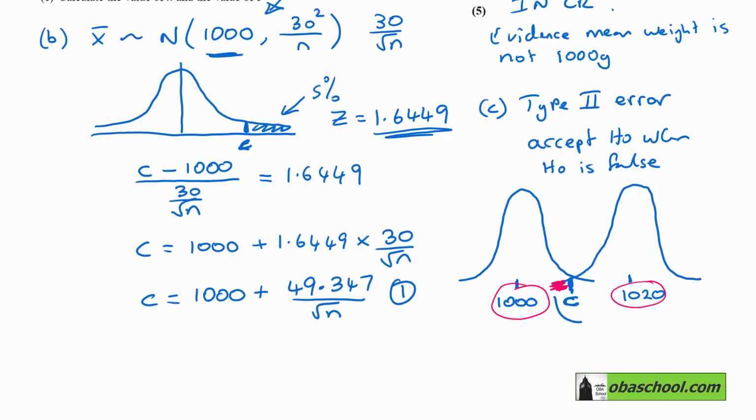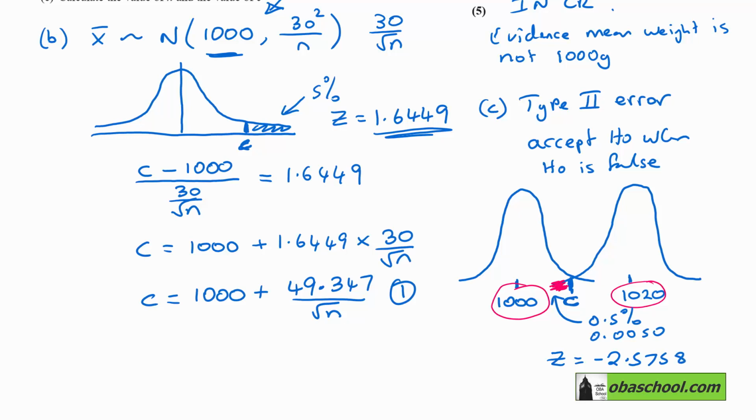Now in the question we were told the probability of making this type 2 error is 0.5% or 0.0050, and we can look up the Z, the standardized value for that, in our tables or using our calculator, and it's negative 2.5758.